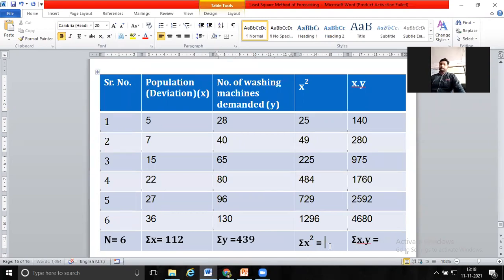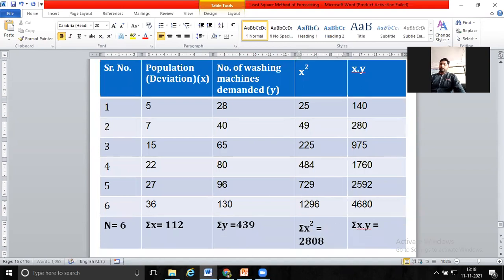Summation of x square. 2808. Summation of x multiplied by y. 10427. Okay, these are the values.